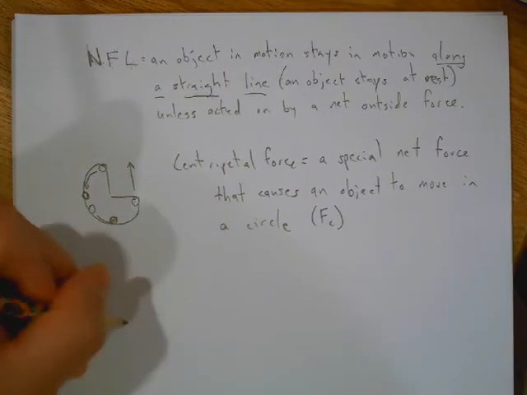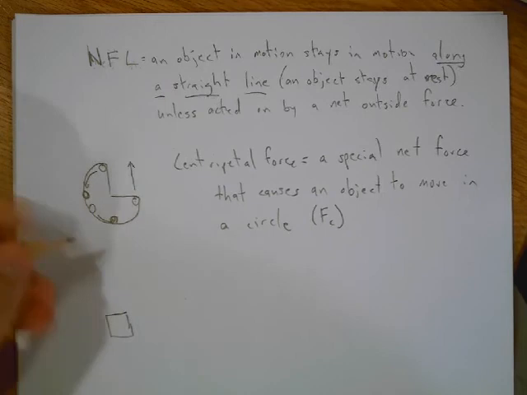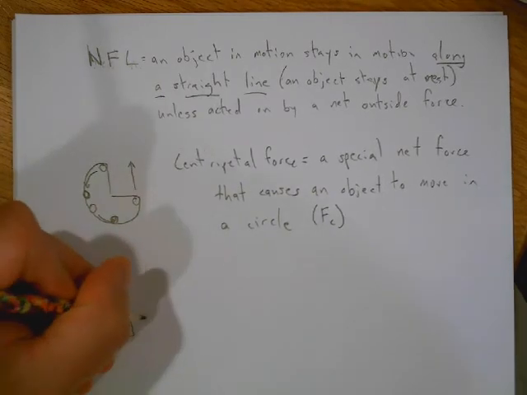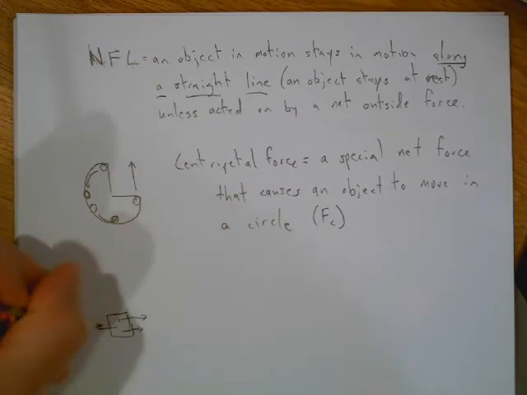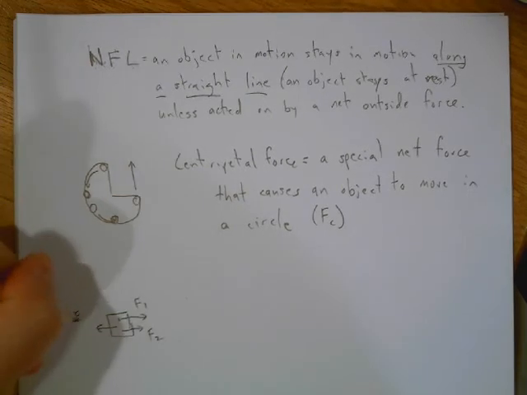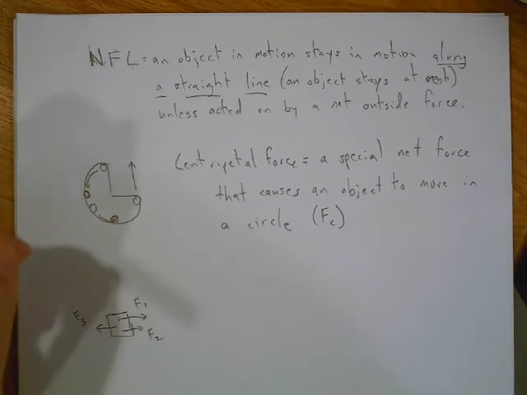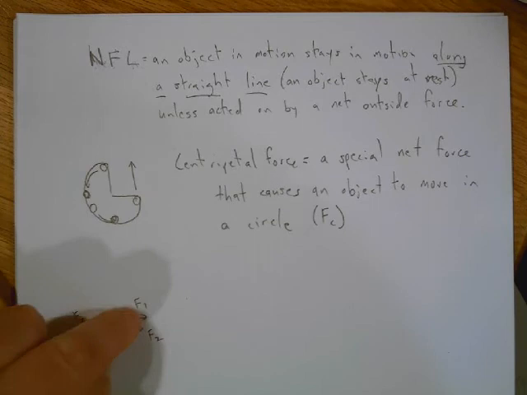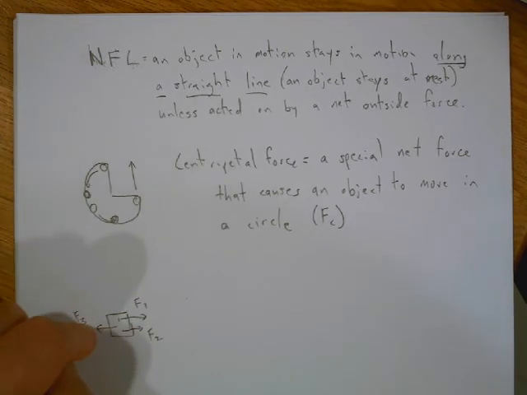It's not like when we were doing this from before, where we said I have this force, and this force, and this force, and if I call them force 1, force 2, and force 3, to find the net force you would say F1 plus F2 minus F3.